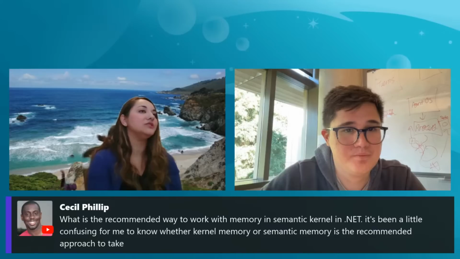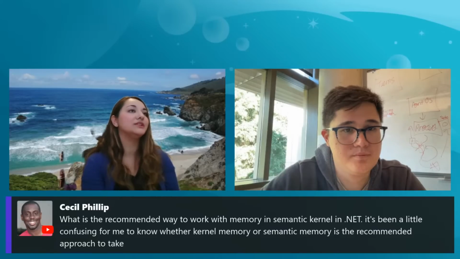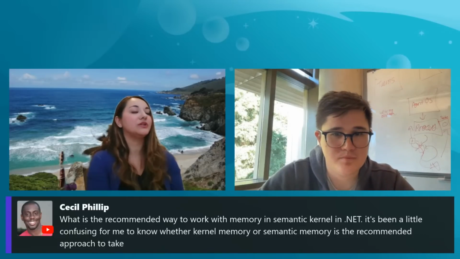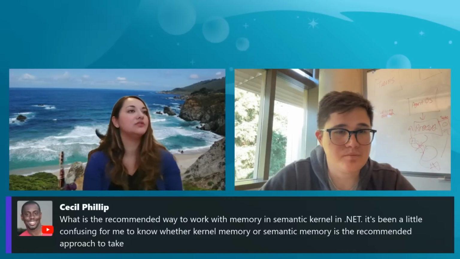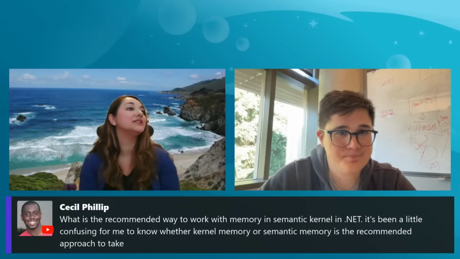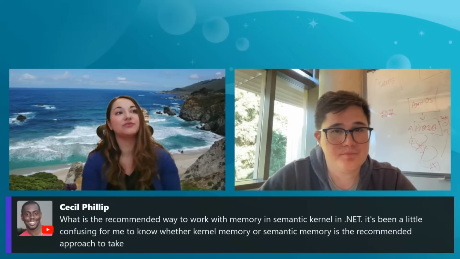We recommend using Semantic Memory. Kernel Memory is another piece and another research project, as we were mentioning earlier with AutoGen. So there's a lot of great pieces that are getting baked in, but if you are making applications in your production environments, we recommend using that Semantic Memory. And so it really is the recommended approach to take. Kernel Memory has all the greatest and latest research, but it's not ready for production environments.